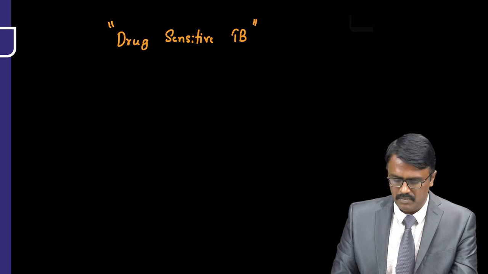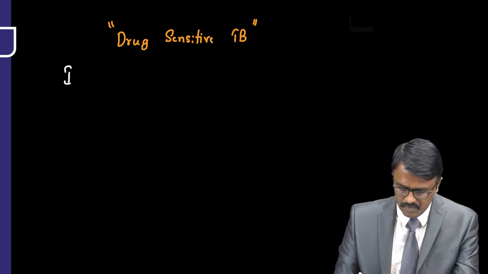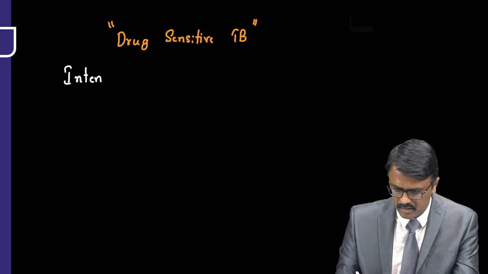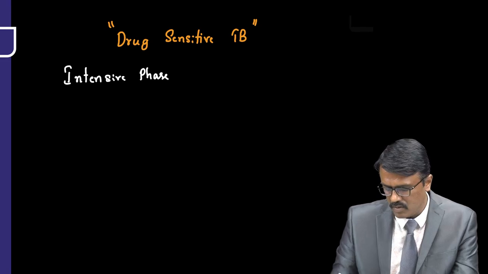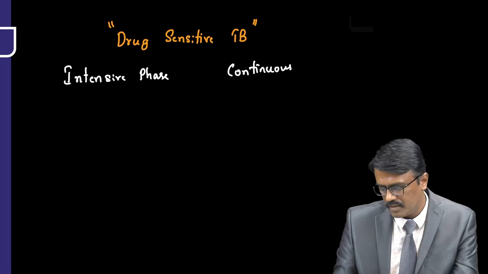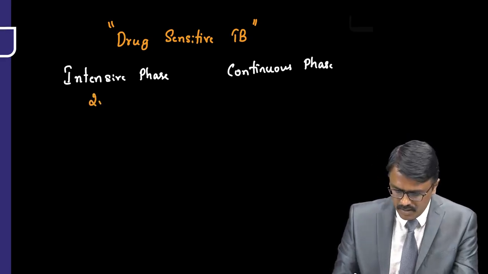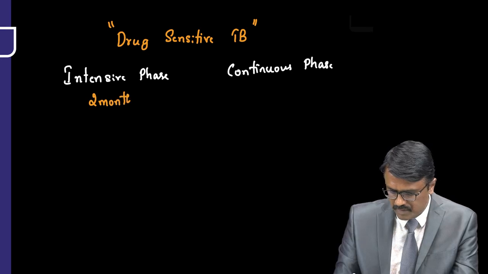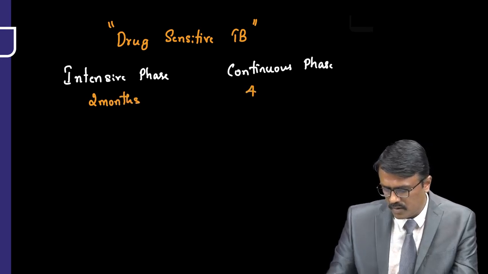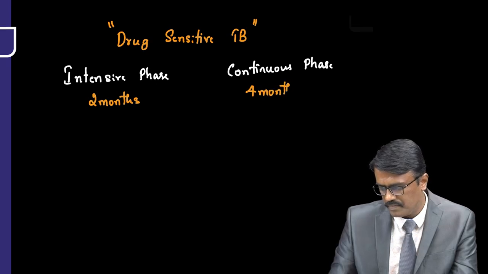In drug sensitive TB, you have to give the intensive phase and one more called the continuous phase. In the intensive phase, the duration is 2 months and the continuous phase is for 4 months.